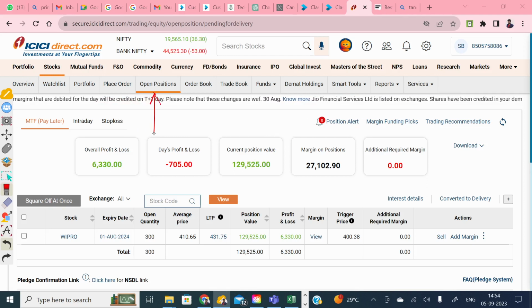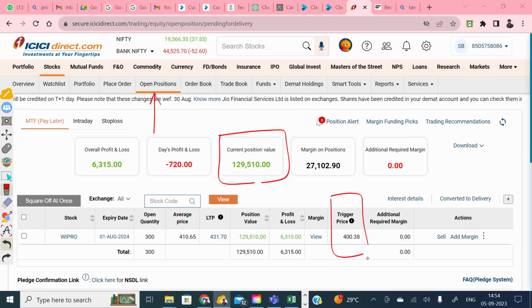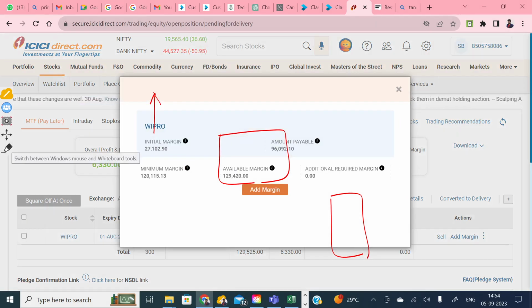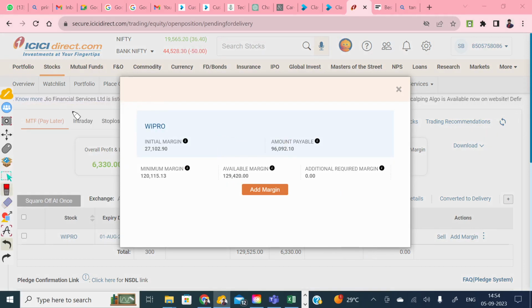Why does margin come into picture? Margin depends on this. If this price goes down, if the price triggers to this, you can check. So I'll show you how margin works. Just click on this one, view the margin, how much amount I have paid. You can relate now. As I said, I'll design a full session on it. But see this initial margin. It means I have paid 27,000.